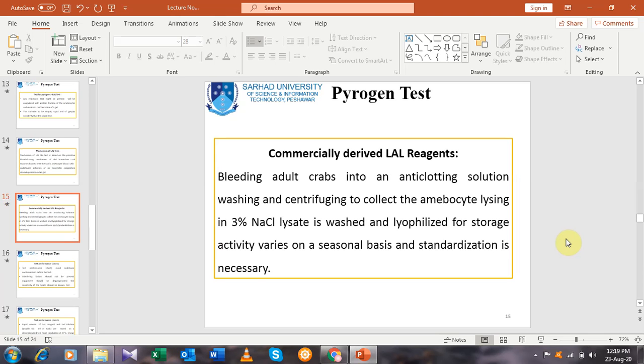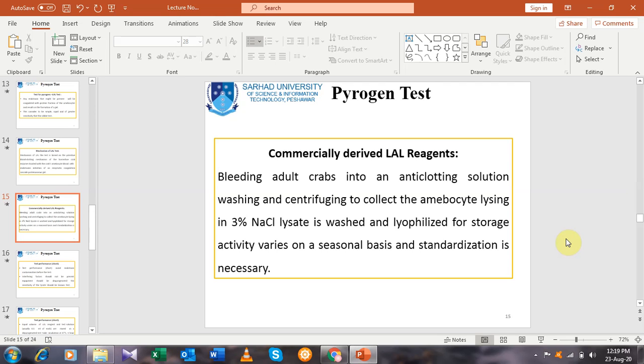Commercially, we have LAL reagent derived by bleeding adult crabs into an anticoagulant solution. We can prepare it by bleeding adult crabs into anti-clotting solution in order to avoid the clotting of the blood, and then washing and centrifuging to collect the amebocyte lysate in 3% sodium chloride.